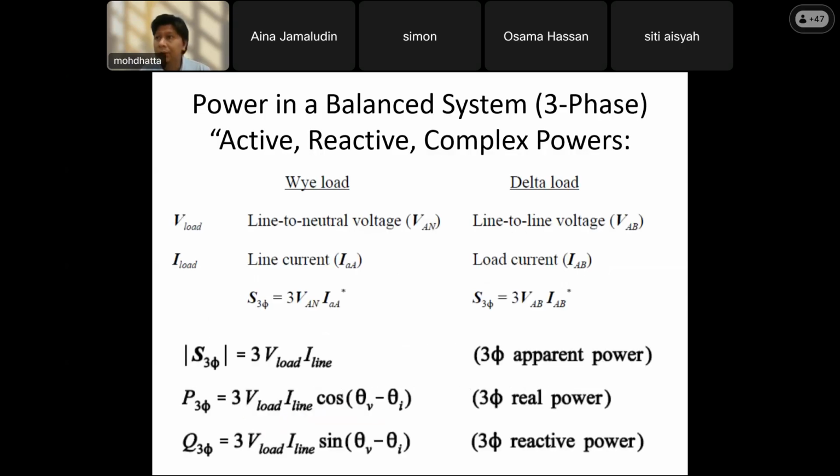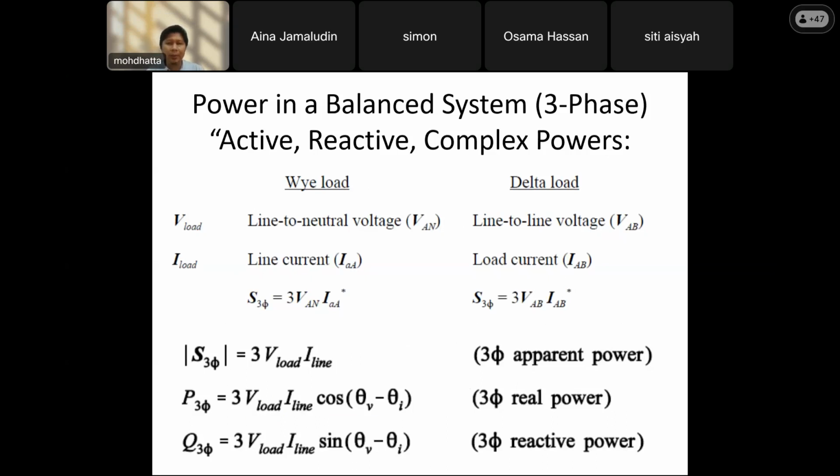All right, for power in an imbalanced three-phase system, as you know, for AC we have 3 definitions of power. First is active, second is reactive, and the combination of both active and reactive, which we can reduce into what we call complex power.